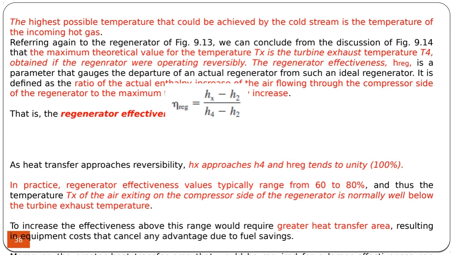Otherwise, if it's possible to heat the exit of the compressor to the temperature of the exit of the turbine, then the regenerator would have an effectiveness of 100%, but it's not possible for practical reasons because in this case the surface area of the regenerator must be infinite.